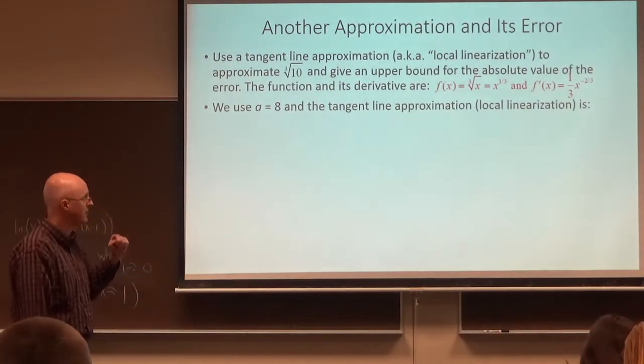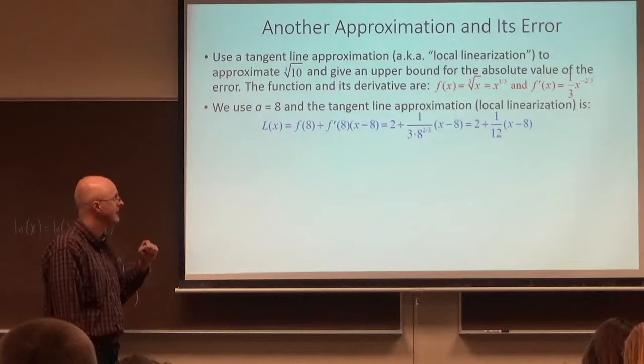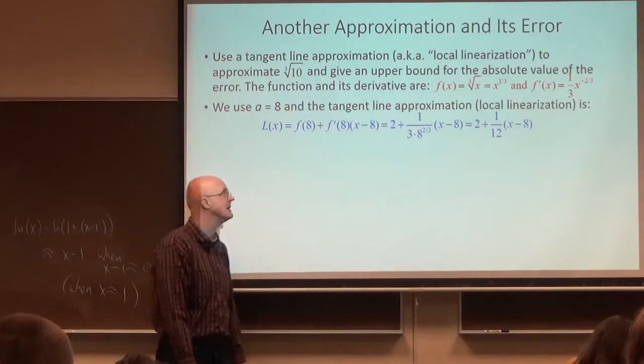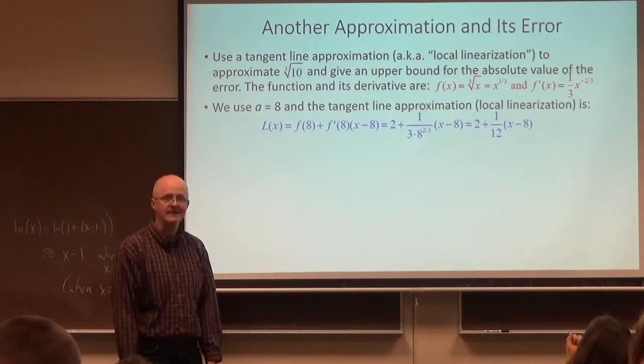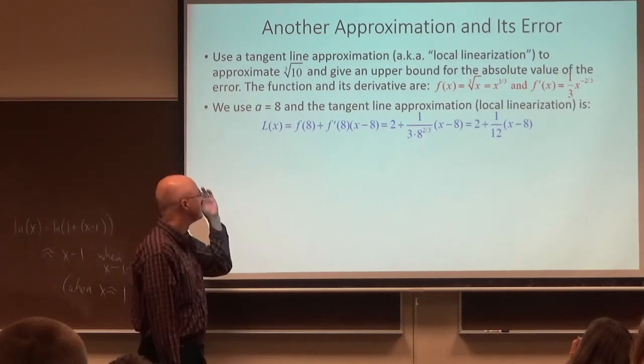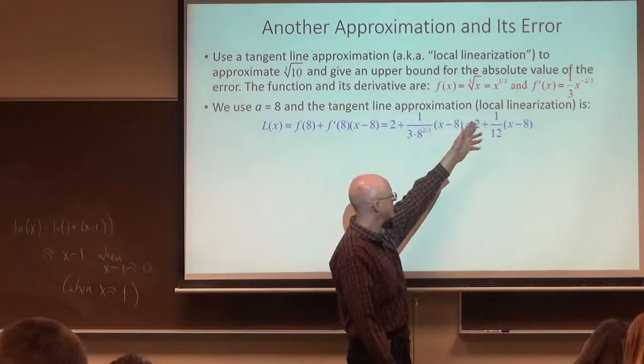What's the tangent line approximation? Here it is. a is 8. I'm using the exact same formula that's on the board over there with a equal to 8. And now it's just a matter of plugging the numbers in. f of 8 is the cube root of 8, which is 2.